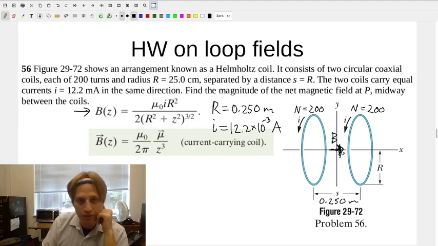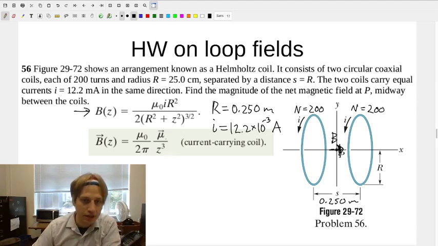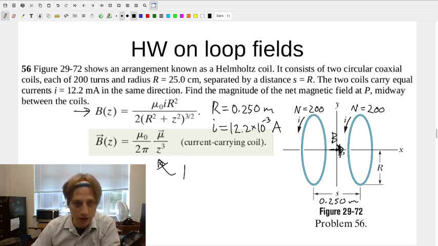Now, the reason I put both of these equations up here is that you might be tempted to use this second equation because it's a little bit simpler. But in this case, we need to remember that this equation presupposes that your z distance is much, much bigger than r. And in fact, in this case, that is not a good approximation at all. The z is, in fact, less than r.